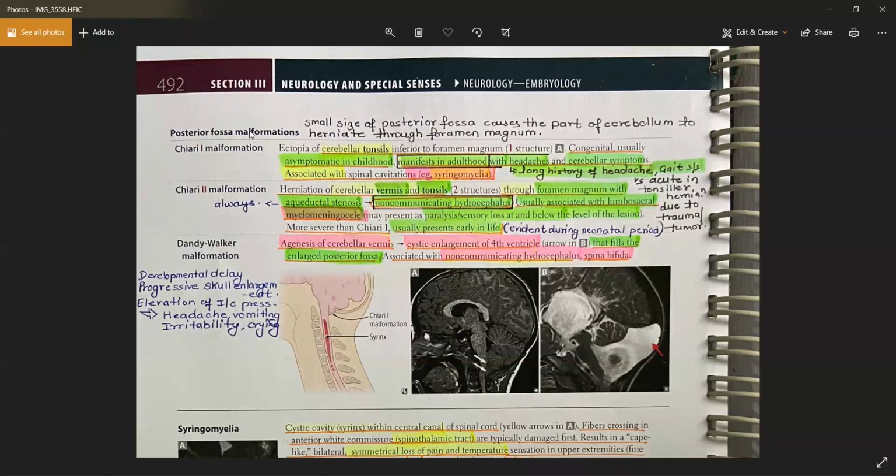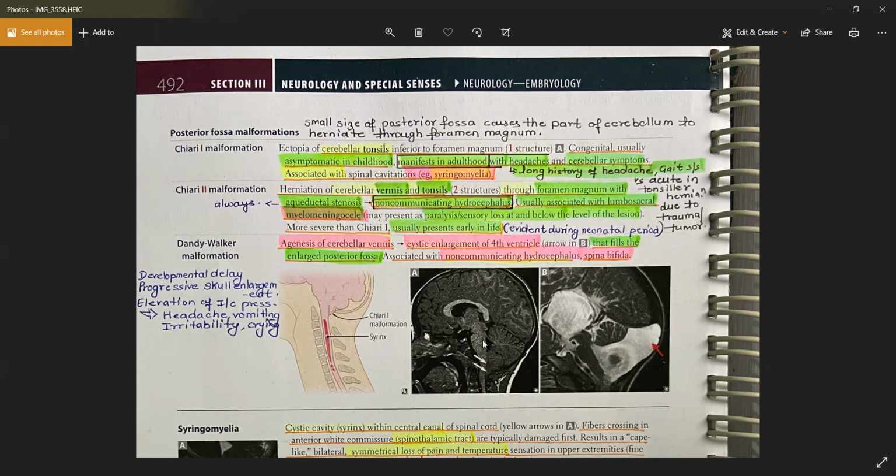There is a long history of headache, right? Exactly, a long history would be present. In trauma, you will have herniation only in the acute setting. It won't be that you have a trauma now and you have the herniation years later, right? This won't happen.